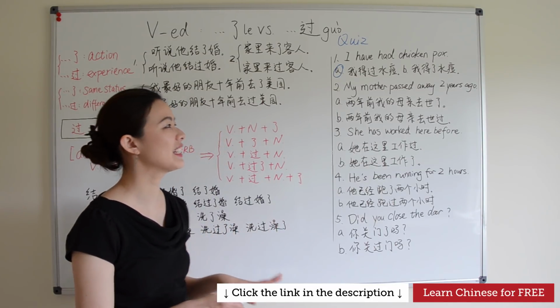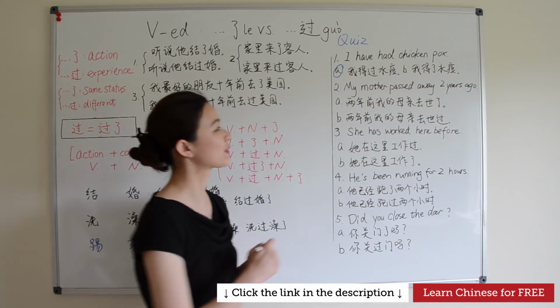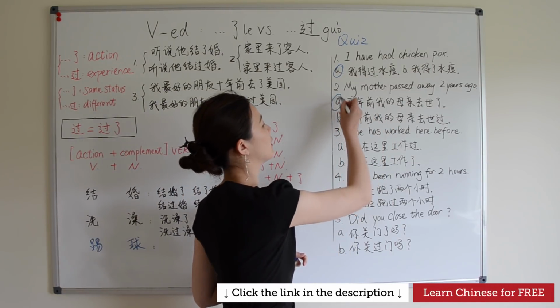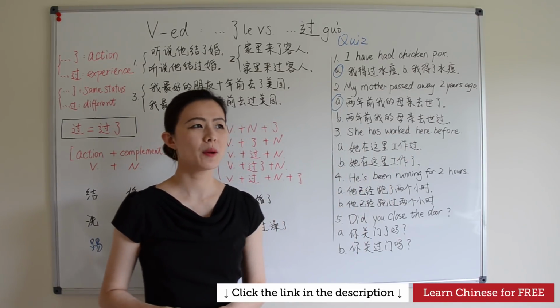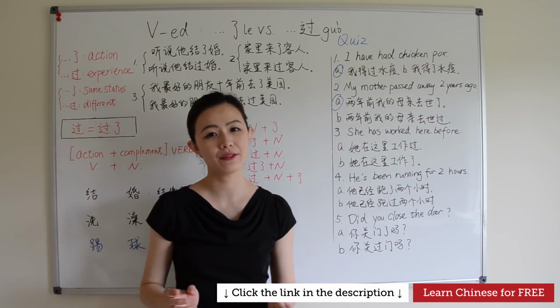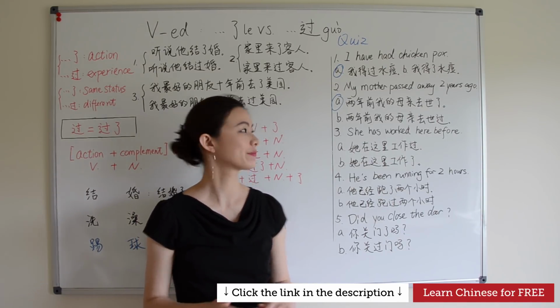So the status stays the same and it's an action, so we choose A. 去世了. But if you say 去世过, it sounds like someone passed away and now they're back in life. It does not happen, at least in our universe.